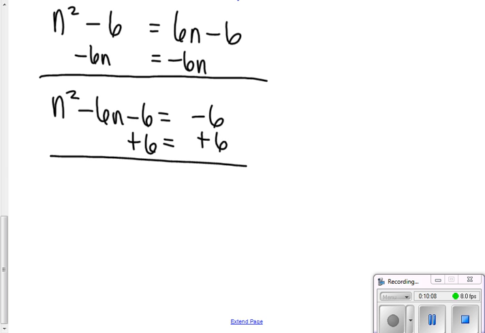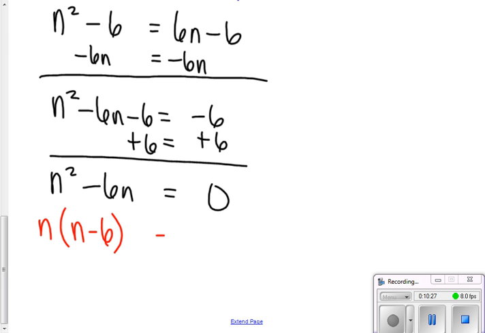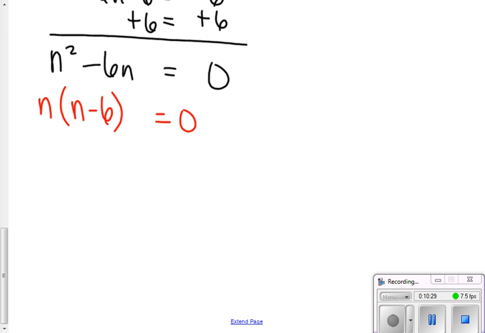And we have n squared minus 6n equals 0. The next part is kind of bringing back a little quadratics and is similar to the zero product property. I'm going to go ahead and factor out an n out of this, so I'm left with n times n minus 6 equals 0. So everything is equal to 0 right now.